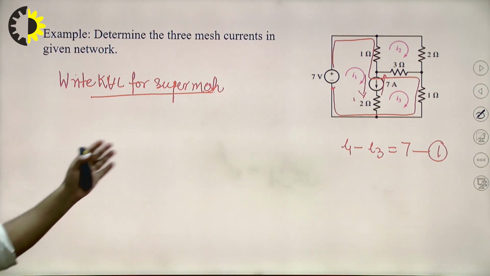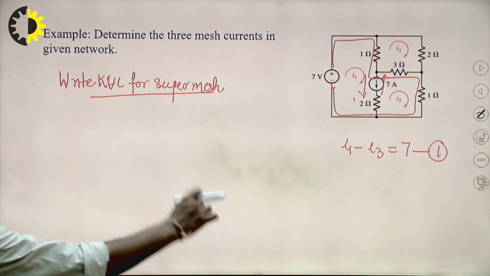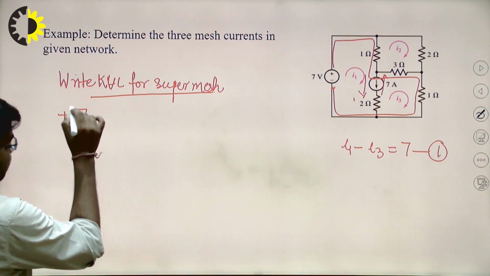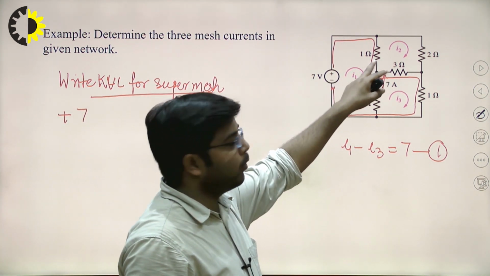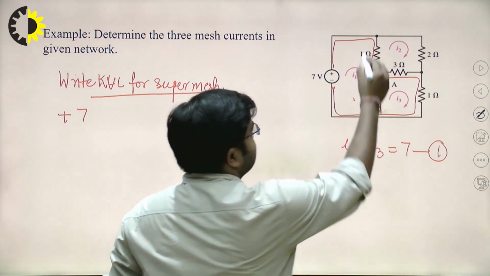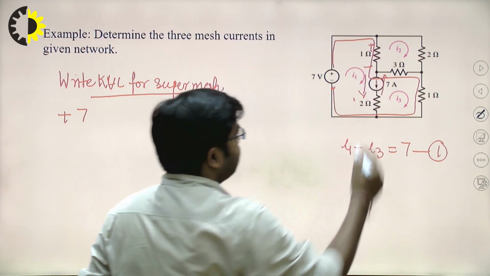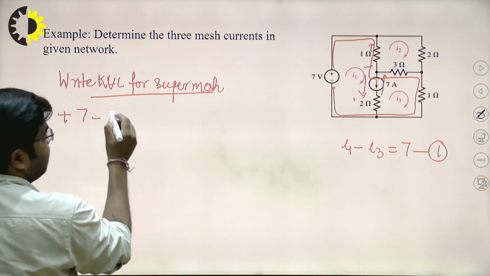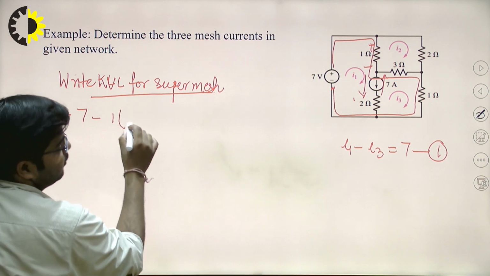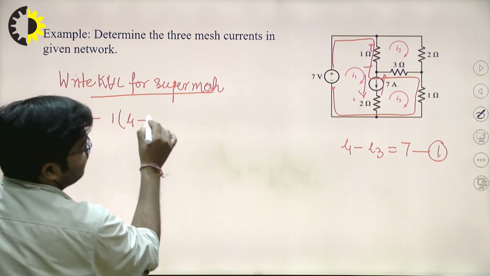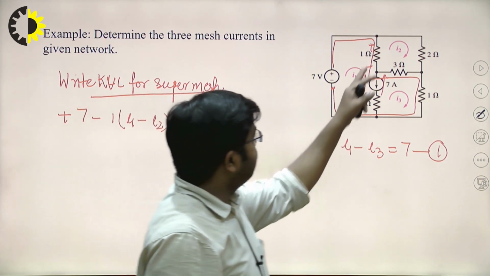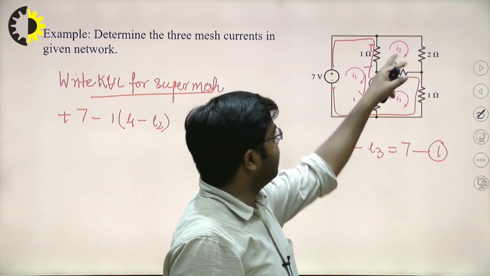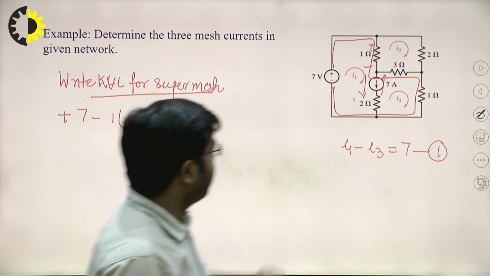Now write the KVL for the super mesh. So 7 plus 7, then voltage drop across this resistance. So this is plus, this is minus, suppose. So minus 1 into (I1 minus I2), because through this resistance both current I1 and current I2 are flowing.